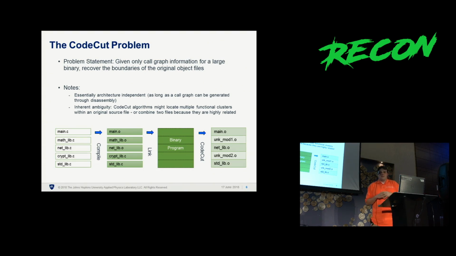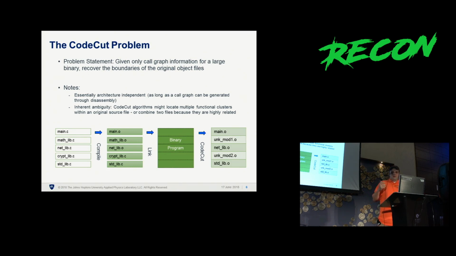I also want to point out that there's some inherent ambiguity here. When you link, you lose all of that information about the names of the functions and all this stuff. So you're never going to get a 100% solution that perfectly recovers your object files.